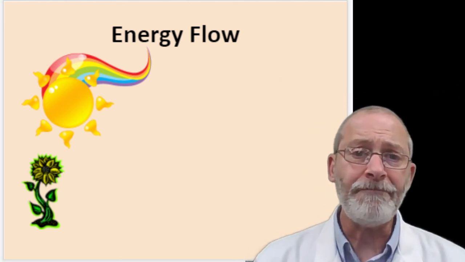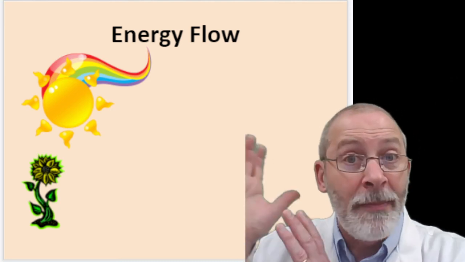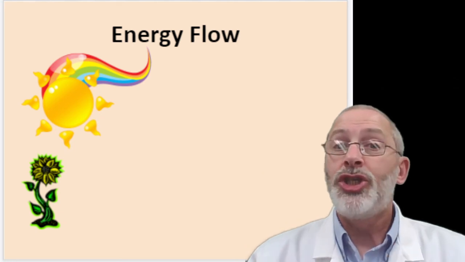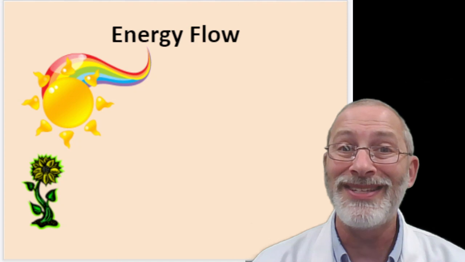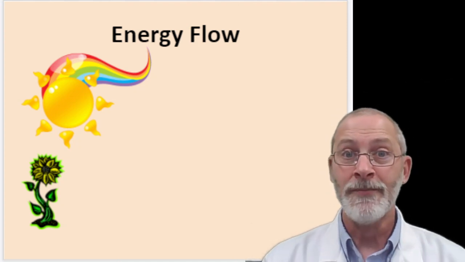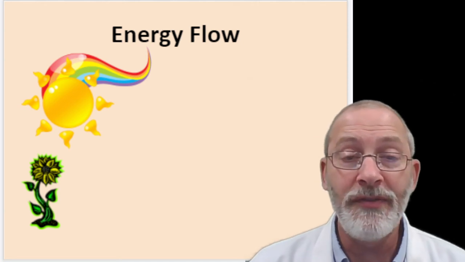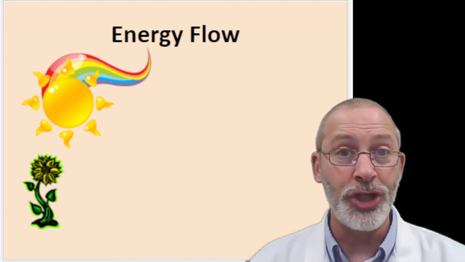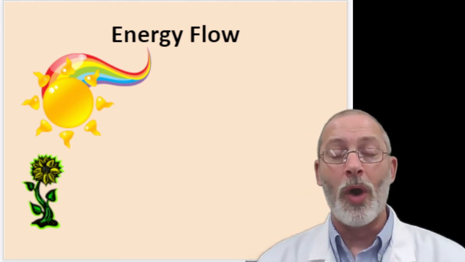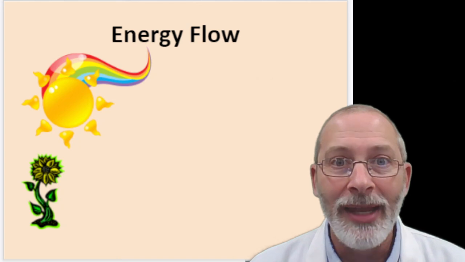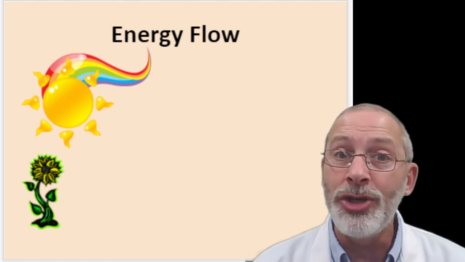Now, as this plant lives, it is taking the energy from the sun and changing that energy into chemical energy through the process of photosynthesis. Through photosynthesis, these plants take sunlight energy combined with carbon dioxide and water and change that into sugar, into chemical energy.